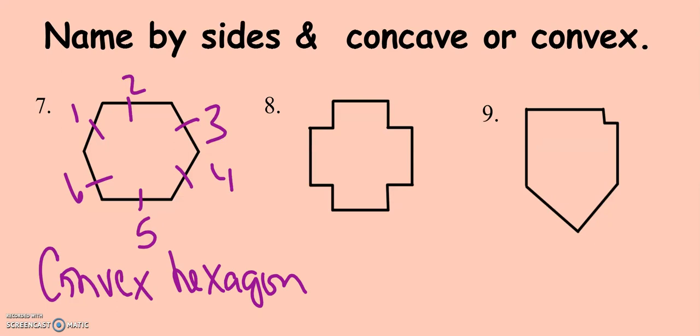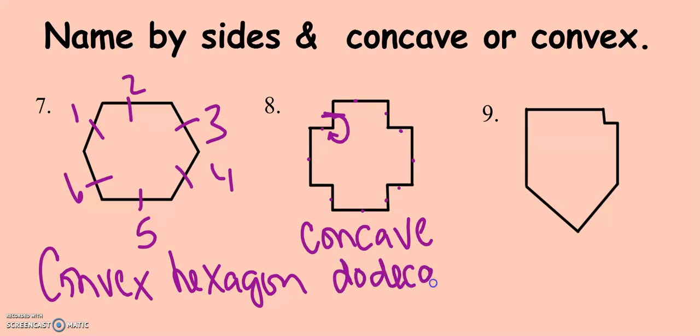For number 8, we have these little reflex angles here, so this one would be concave. Then just pick a starting point: 1, 2, 3, 4, 5, 6, 7, 8, 9, 10, 11, 12 sides, so that would be a dodecagon.